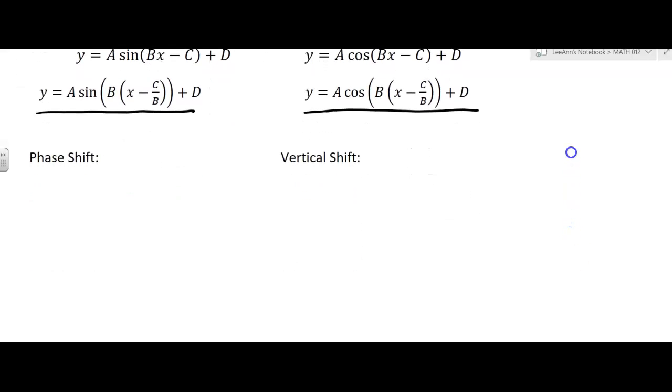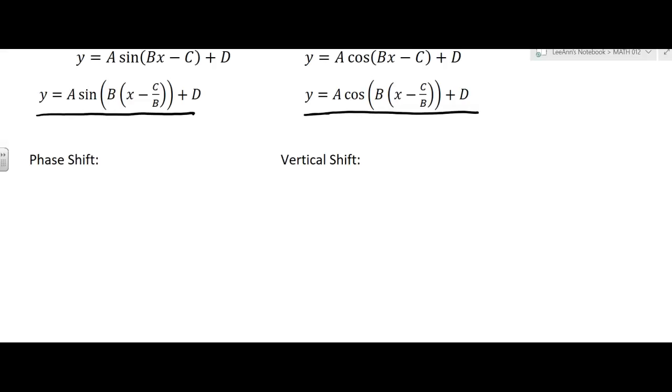Okay, so I'm going to give you an example. Let's say we have y equals sine, and I'm going to make this x minus pi over 4. We'll just make it like that.